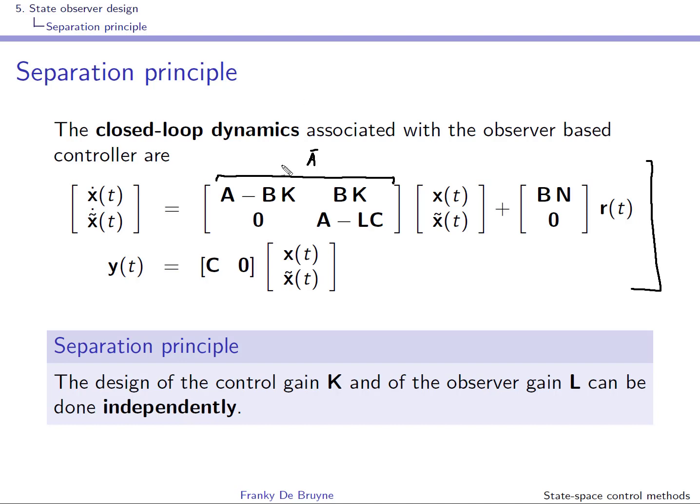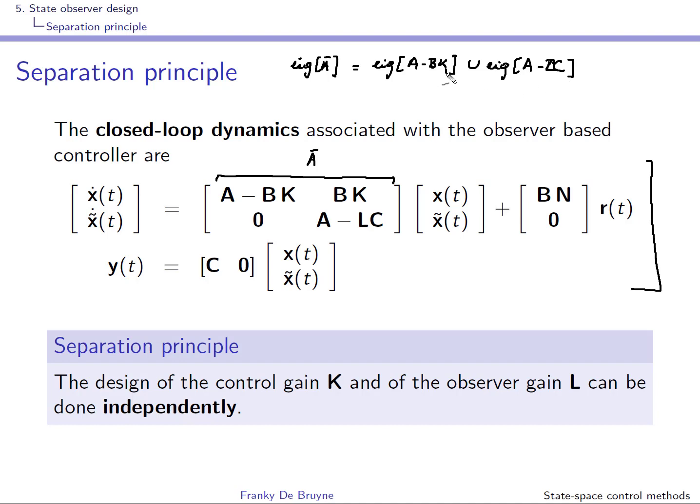And it's possible to show, because this matrix here is block upper triangular, that the eigenvalues of A bar are the eigenvalues of the two blocks that are on the main diagonal. So the eigenvalues of A bar are the eigenvalues of A minus BK associated with the eigenvalues of A minus LC.